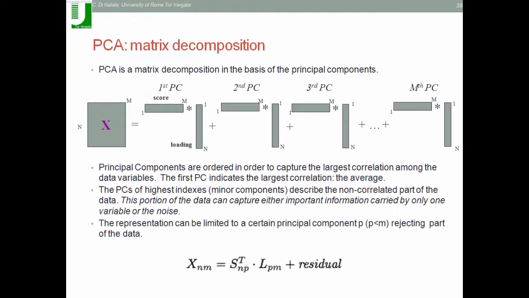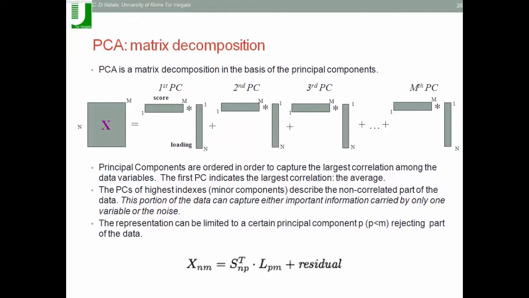Now, in algebraic terms, principal component analysis is a matrix decomposition. We have seen this before when we saw the residuals. We take our original matrix, n samples by n variables, and we decompose it into the product of one score and one loading, the projection of the sample and the projection of the variable along the first PC, the second, the third, until the end.